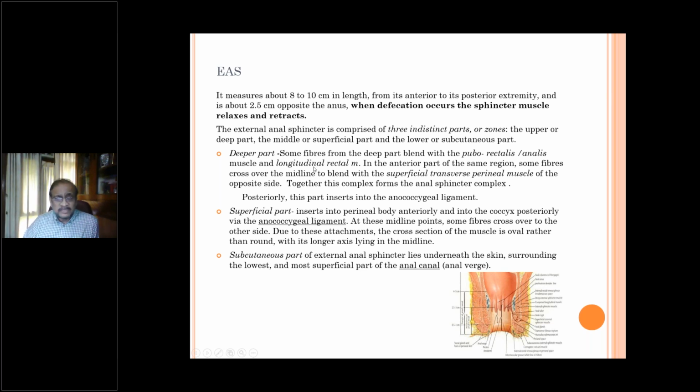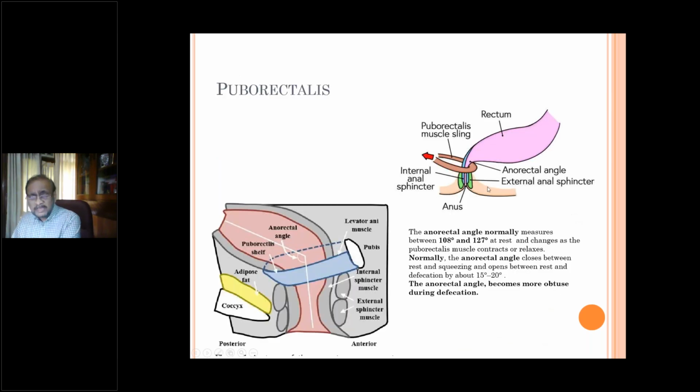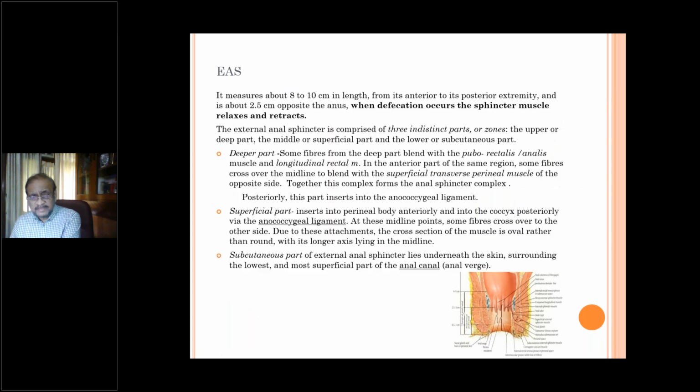So intermingling with the longitudinal muscle, right? Now in the anterior part, when this muscle goes anteriorly, where is it going? Basically, it is going towards what? The penile area or the perineum in the female. Now, there it is intermingling with what? Some fibers cross over the midline to blend with the superficial transverse perineal muscle of the opposite side.